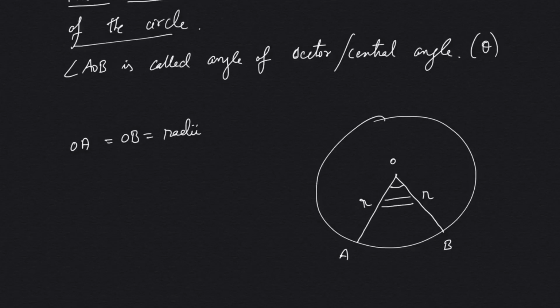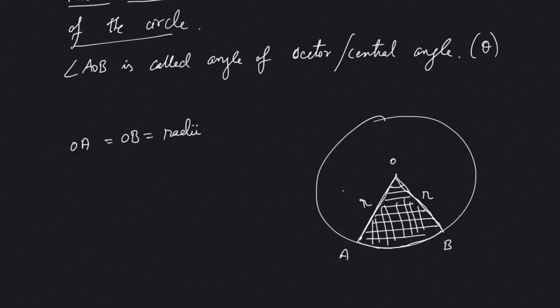Then this portion, formed by two radii and the corresponding arc, is called the sector of the circle.